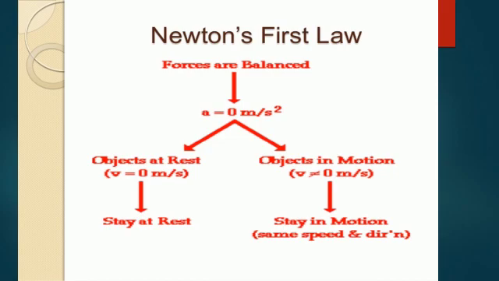If the object is at rest, it will be at rest only. And if the object is in motion, it will be in motion only, with the same speed and in the same direction. Now we will see what is in the case of Newton's second law.